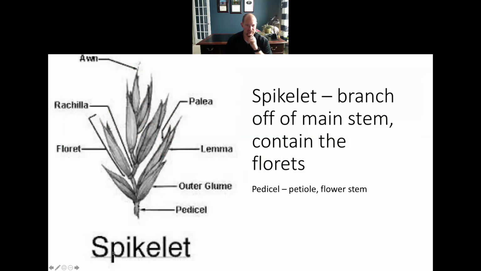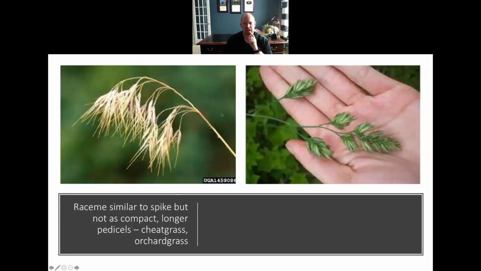And here are a couple of nice examples of the raceme. And again, you can see here how you have this a little bit longer, call it a petiole, but in grass, we refer to it as the pedicel. So these are cheatgrass, and then on the right here is orchard grass. So this would be an example of a raceme.